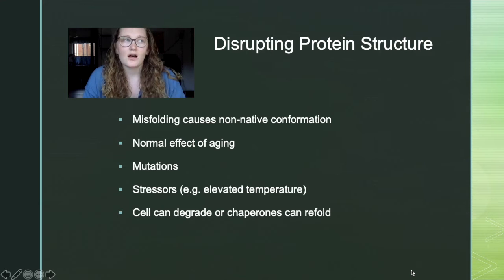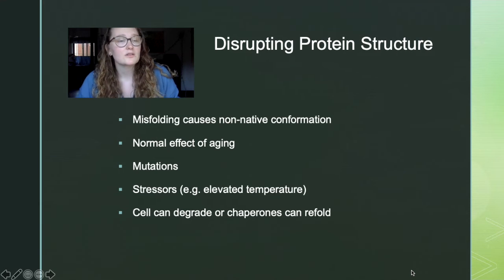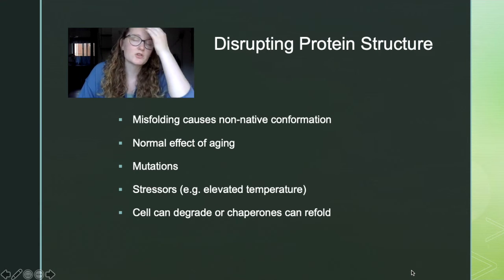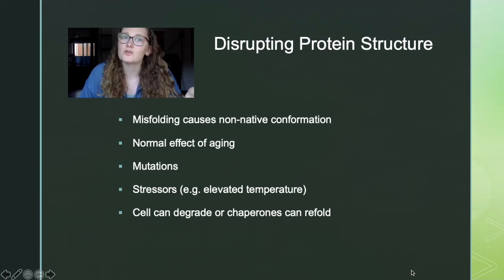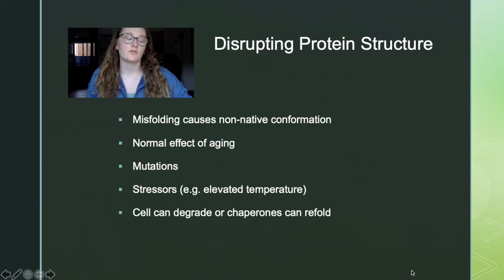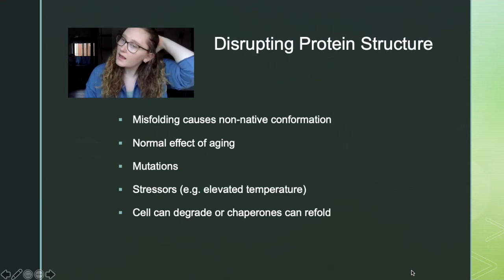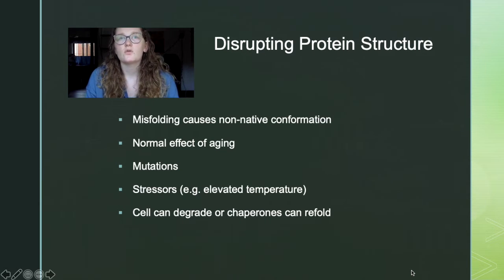You don't really want a lot of protein in there that's not going to do its function. What's the point of having a bunch of proteins that aren't actually going to do what you want them to do? So the cell does have pathways to degrade these non-native proteins, and chaperones can also refold them and fix that non-native structure, bring it back to the native structure.